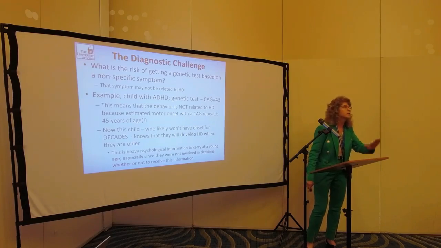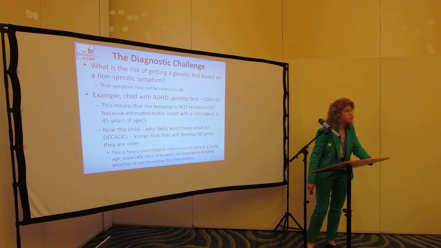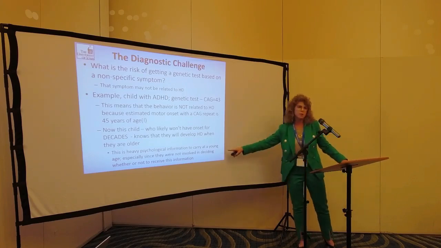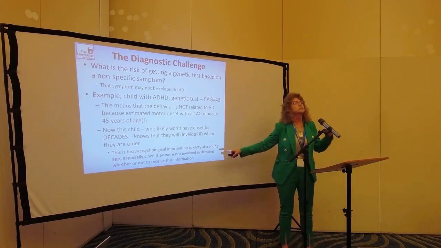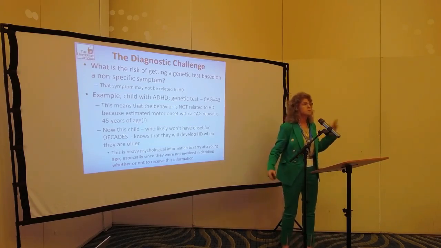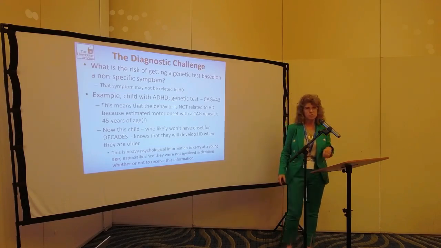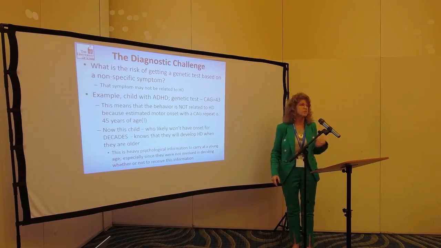No, I mean, you have decades of quality life ahead of you before this becomes significant. So it can be really problematic. So it's one of the reasons why we don't test based on non-specific behavioral stuff. We really need to wait for the significant motor symptoms before we know.